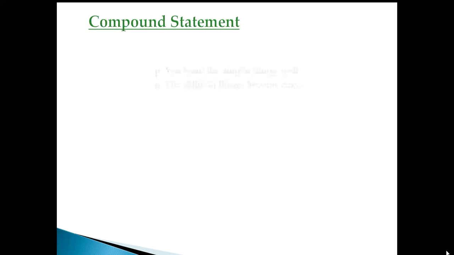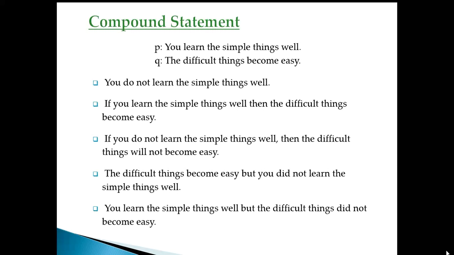So here we have two propositions: P, that is, you learn the simple things well, and Q is the difficult things become easy. If we have these two propositions, we have to represent them in the form of P and Q. So how can we represent it?